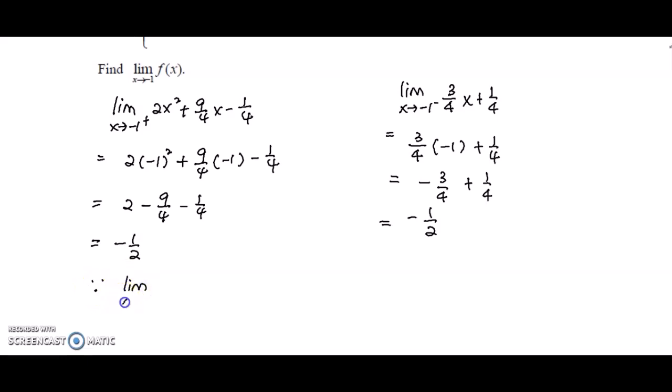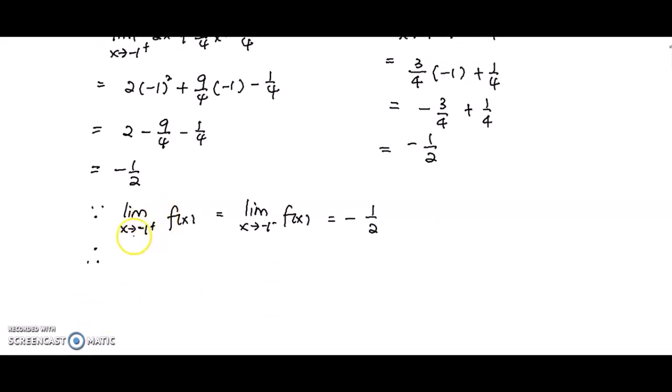Since the limit when x approaches -1 from the right of f(x) is equal to the limit when x approaches -1 from the left, and both of them equal -1/2, we can say that the two-sided limit, which is the limit when x approaches -1 of f(x), is equal to -1/2.